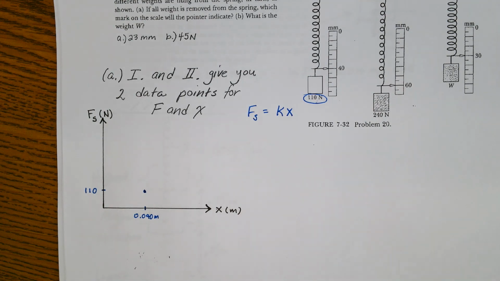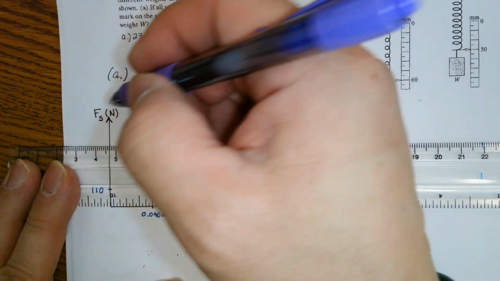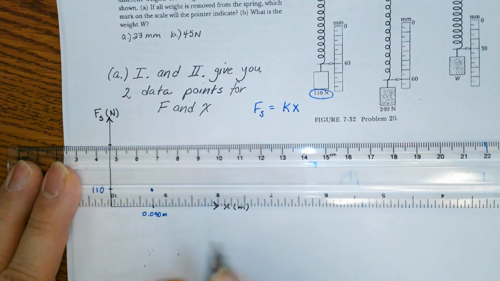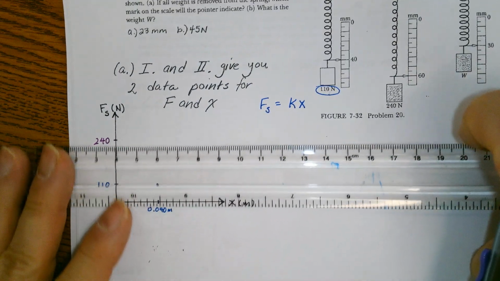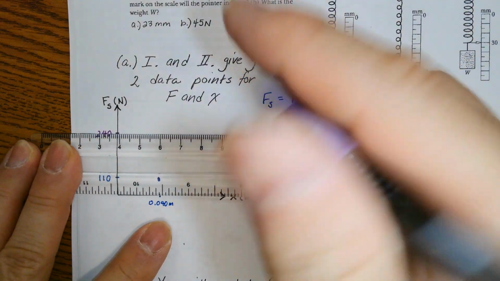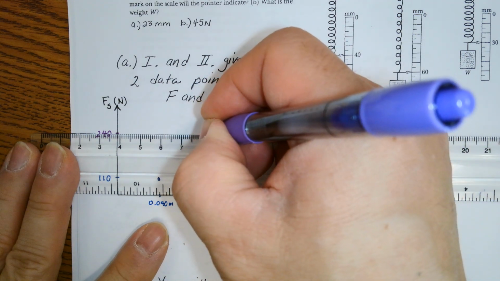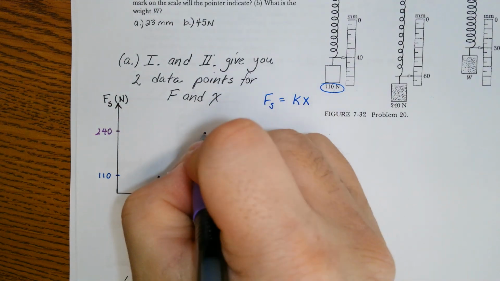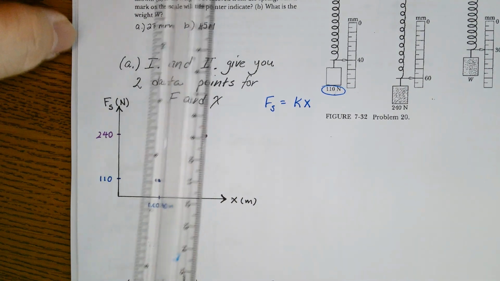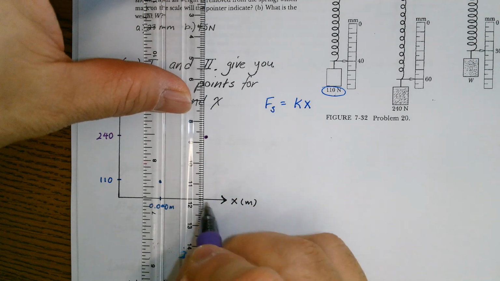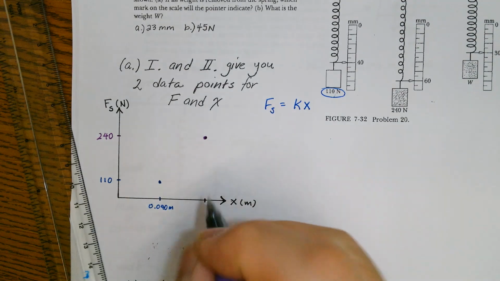Then, when I apply 240 newtons onto that spring, it stretched out to 0.06 meters, and that is where it's indicated.